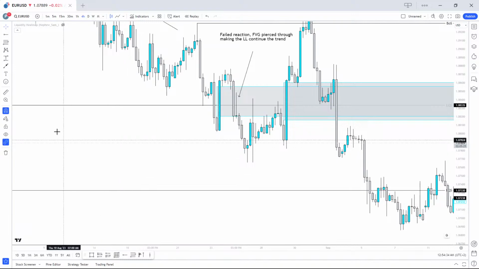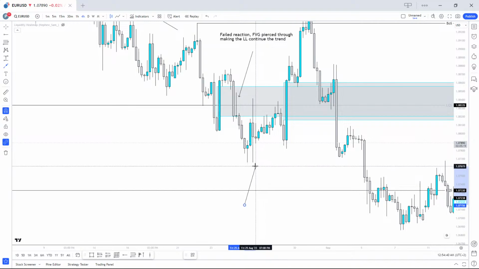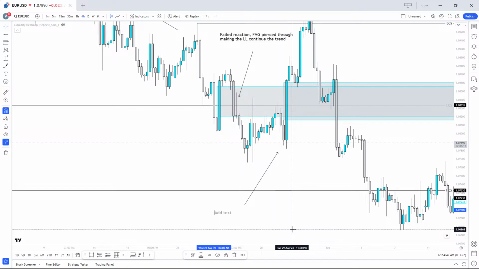And this point below that followed the trend caused a break of structure.